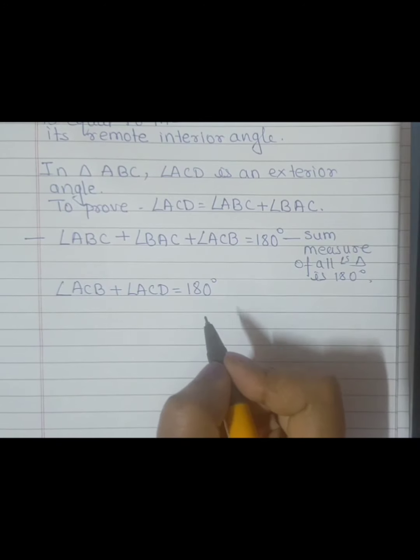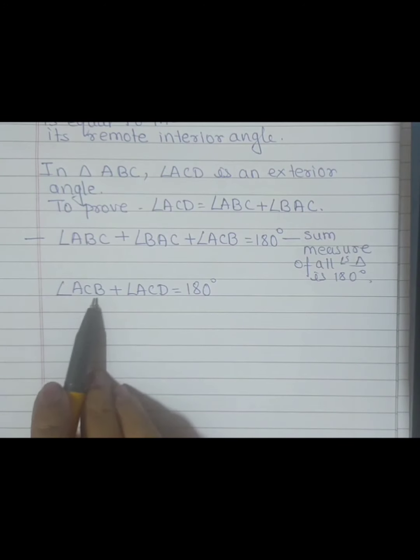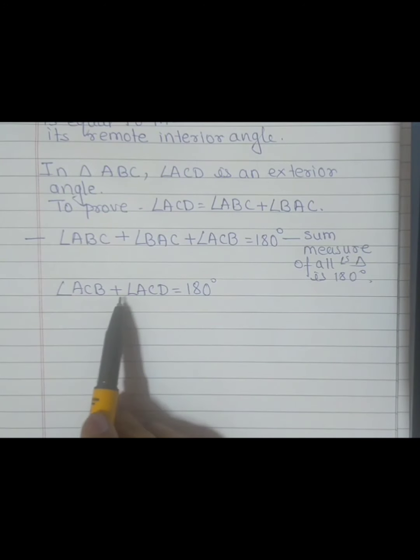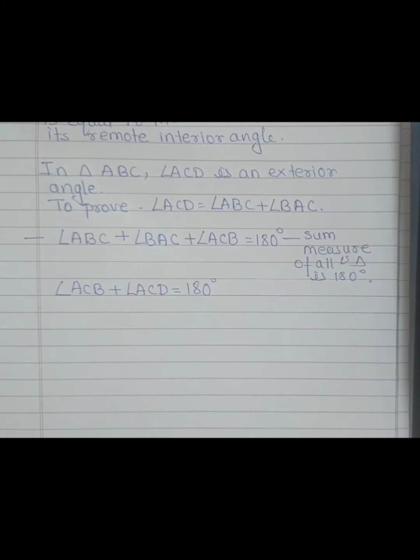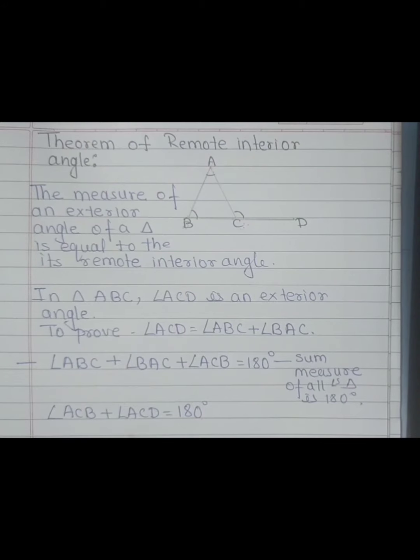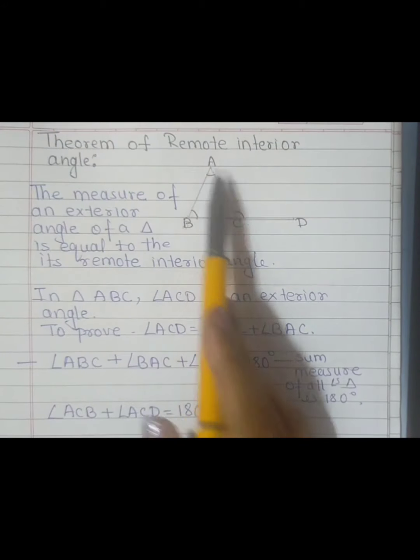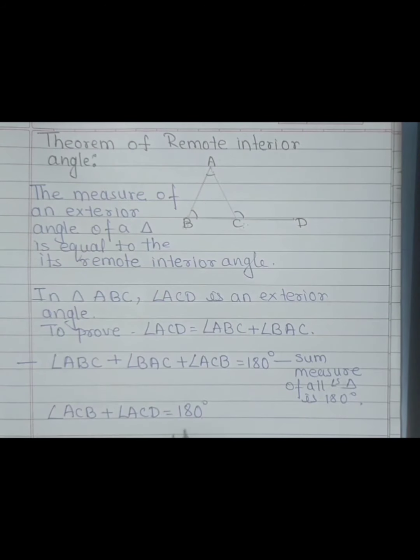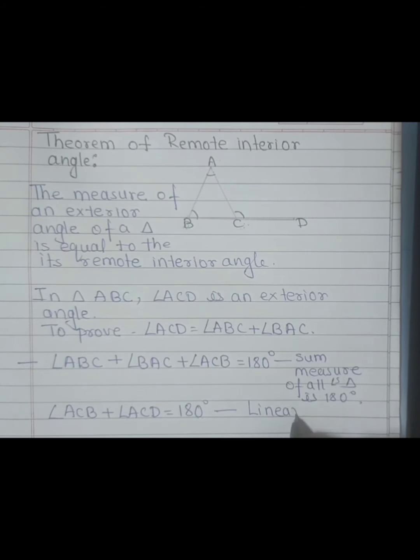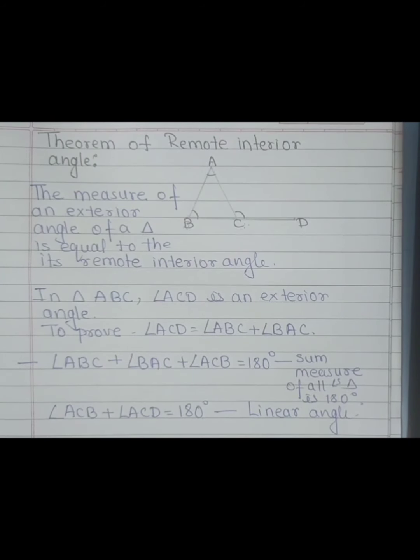Okay, here angle ACB plus ACD is equal to 180. See here, ACB and ACD equal to 180 because of linear angle. Okay, I hope you understood now.